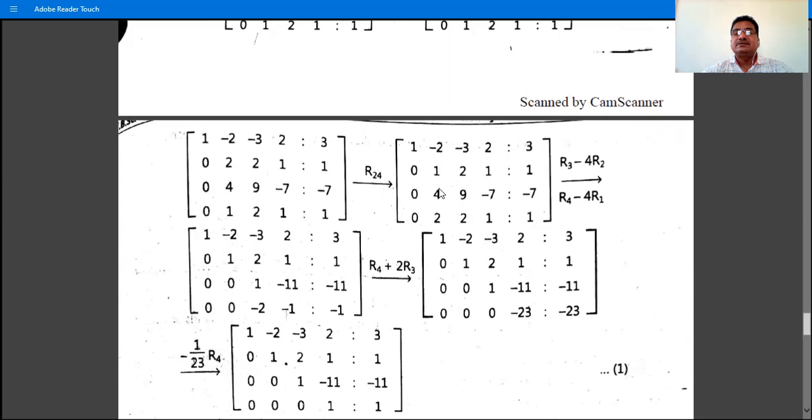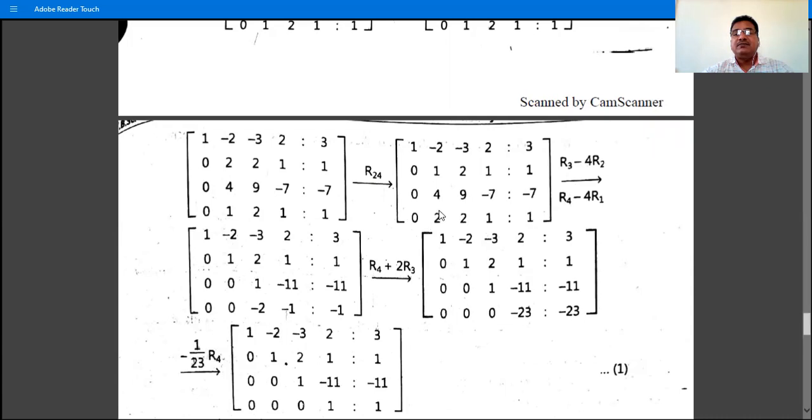We have this pattern. Then we have to reduce this 4 and 2 to 0. In order to do that, we can use this 1 to reduce this 4 and 2 to 0. So R3 minus 4R2, that is multiply the second row by 4 and subtract from the third row. Either this operation as R3 plus in bracket minus 4 into R2.